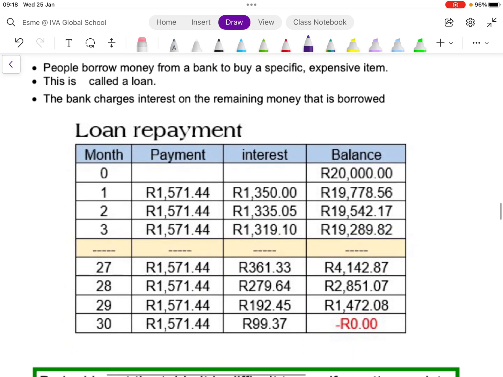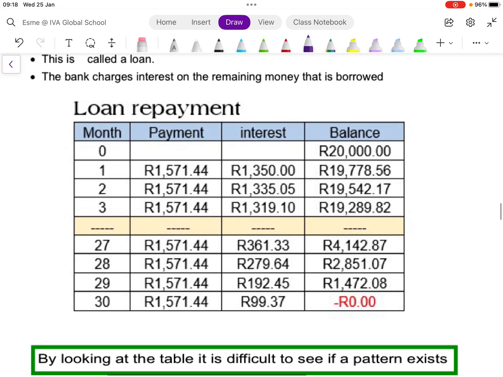So let's have a look at this table. In month 0, this will tell us that this was obviously a personal loan because it's 20,000, and houses cost much more than 20,000. So this is a personal loan of 20,000. The person makes a payment. Now you can see all the payments are the same.